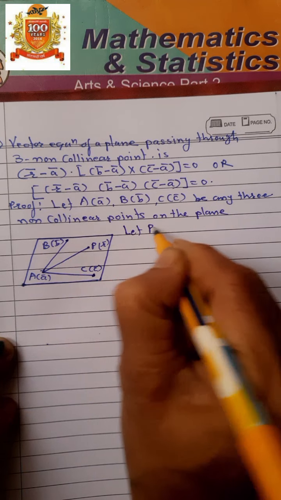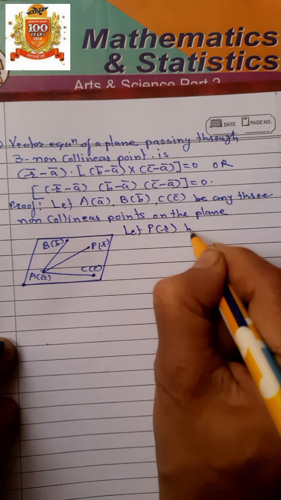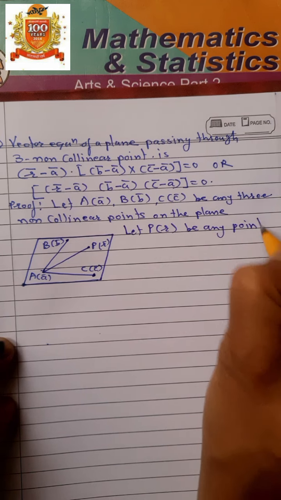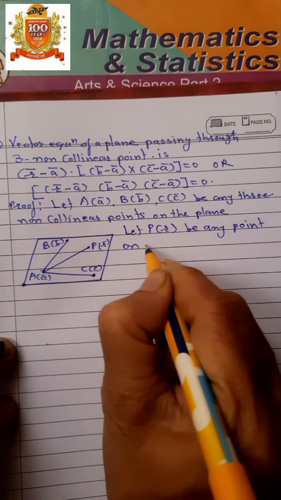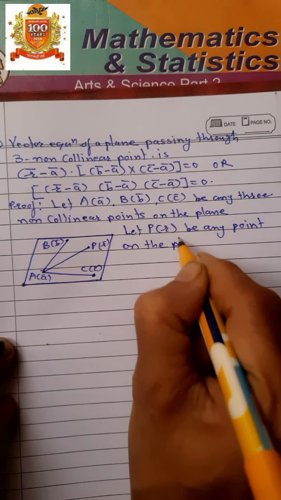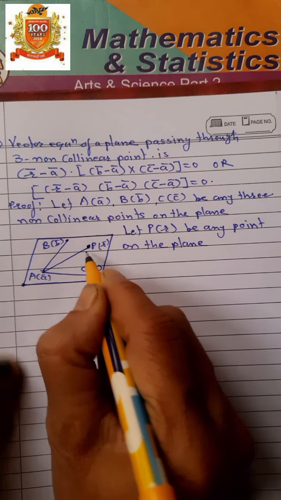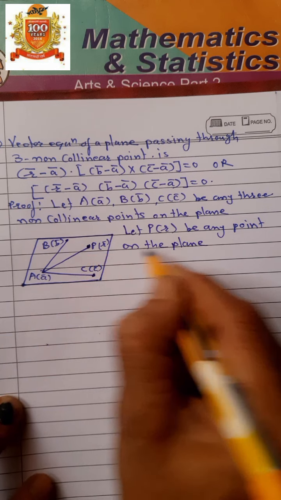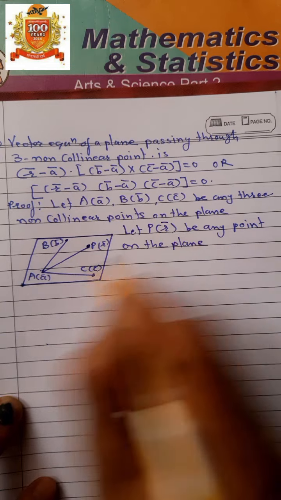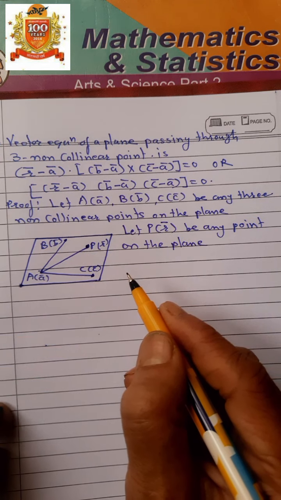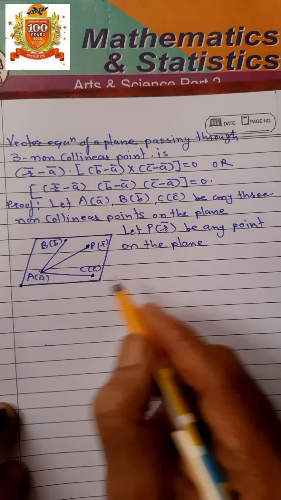Let us take another point P on the plane such that its position vector is R bar, any point on the plane. Isn't it?